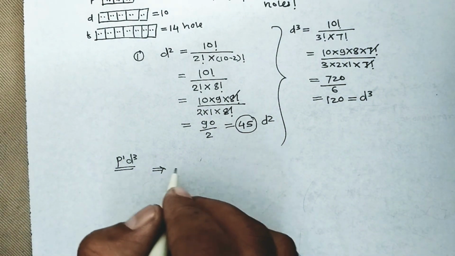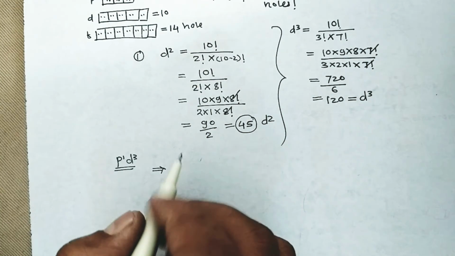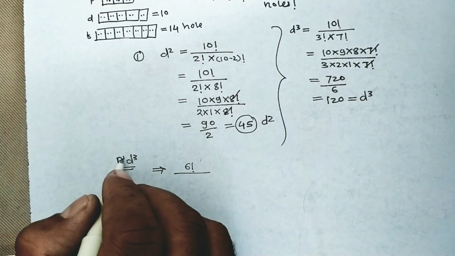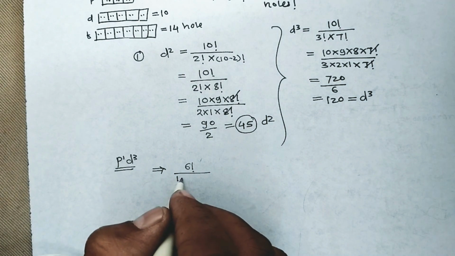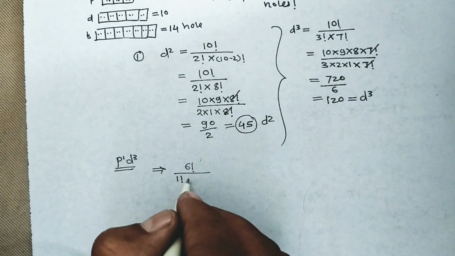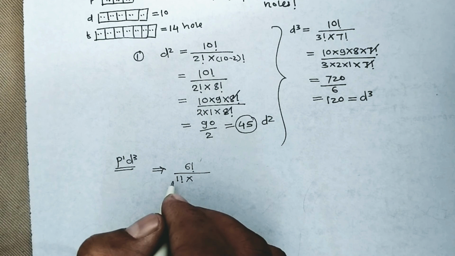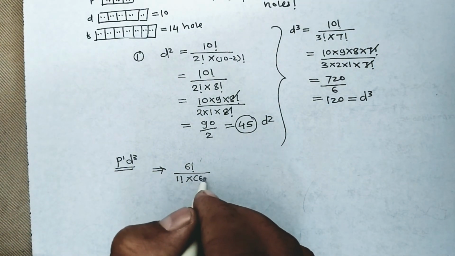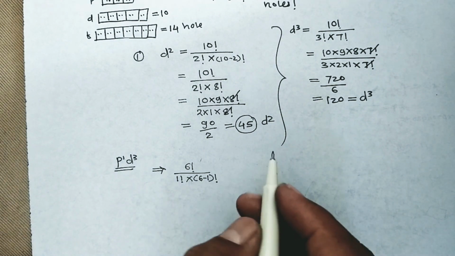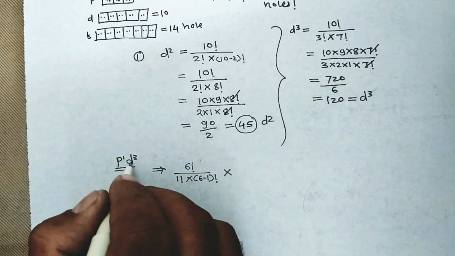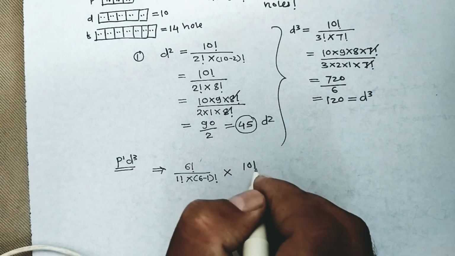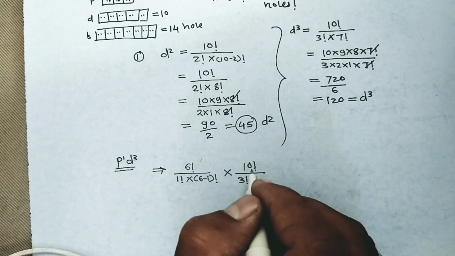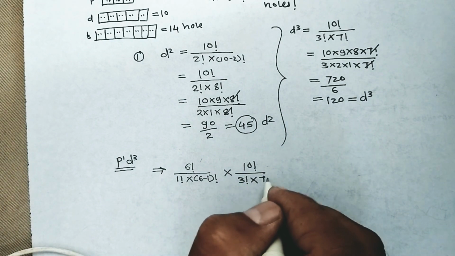For p we know that there are 6 holes, therefore 6 factorial upon 1 electron, 1 factorial, into remaining holes for p orbitals, (6 minus 1) factorial, into, for d, 10 factorial upon 3 factorial into remaining holes (10 minus 3), 7 factorial.